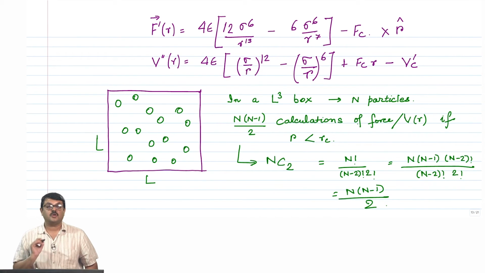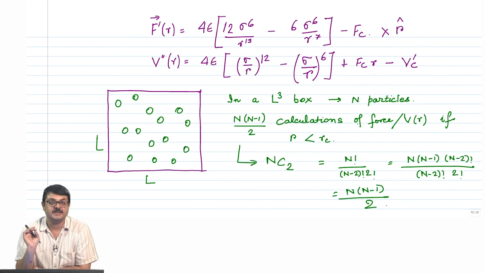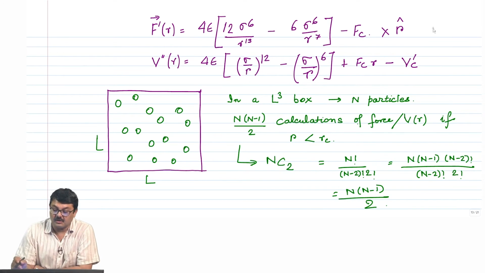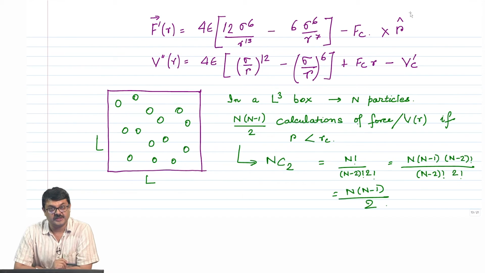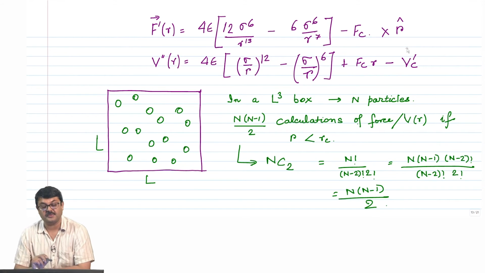So, your actual operating potential is now a modified Lennard-Jones potential, modified very slightly, as you should check, as we discussed last time, that the value of f c is very small, and the value of V dash c is also going to be very small. But anyway, technically you have modified it.